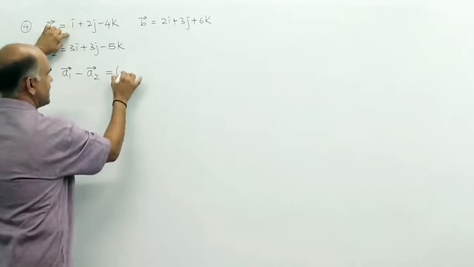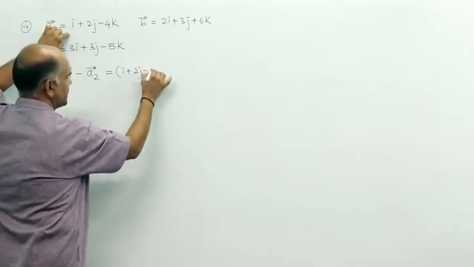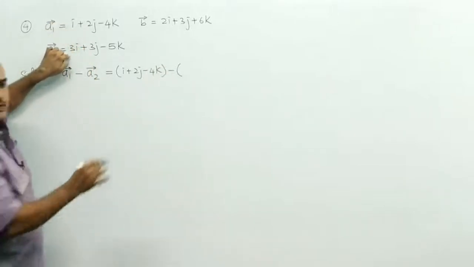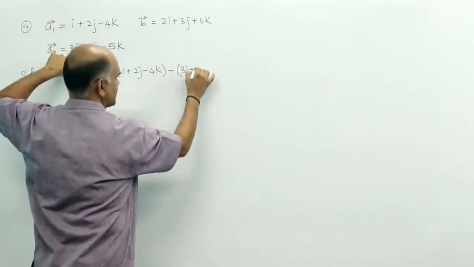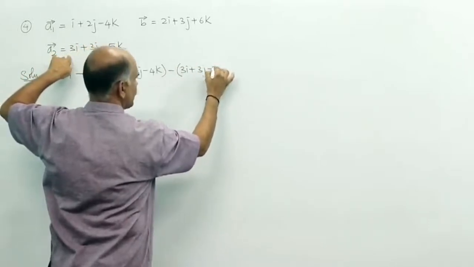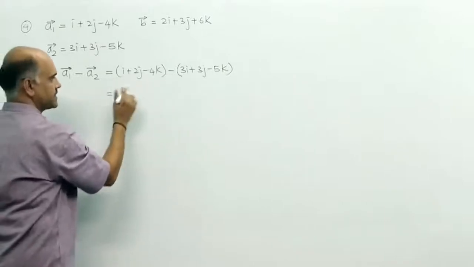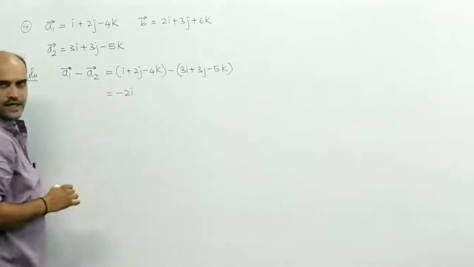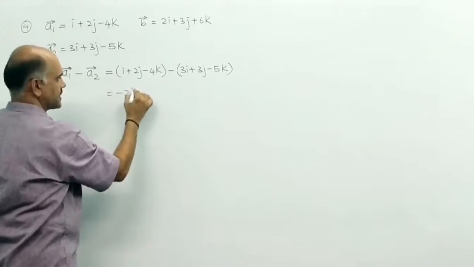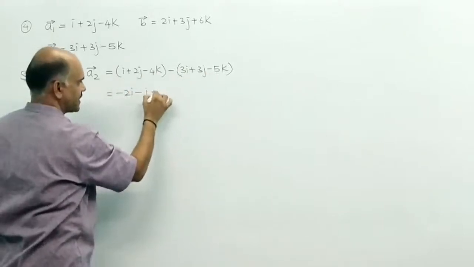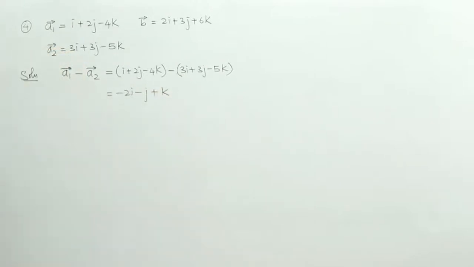A1 is i plus 2j minus 4k minus, in bracket, A2, 3i plus 3j minus 5k. So if you subtract, 1 minus 3 is minus 2i, 2 minus 3 is minus j, minus 4 plus 5 is plus k. Minus 2i minus j plus k, first step.